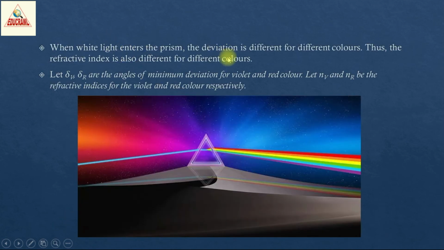When white light enters the prism, the deviation is different for different colors. Here the expression del represents the deviation. Thus the refractive index is also different for different colors. So we represent del V and del R as the angle of minimum deviation for violet and red color respectively, and nV and nR are the refractive indices for violet and red color.